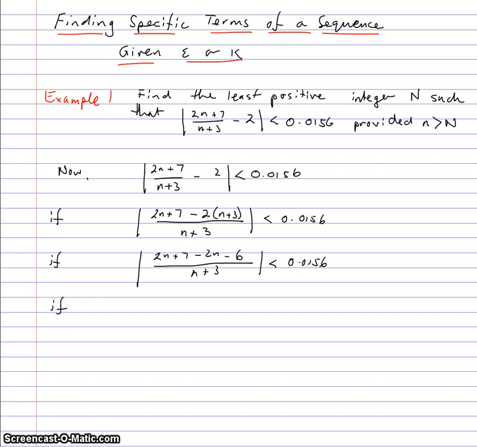If now the 2n's cancel and we're left with 7 minus 6, which is 1, so it's the absolute value of 1 over (n plus 3) is less than 0.0156. If we can remove our absolute value symbols, 1 over (n plus 3) is less than 0.0156.